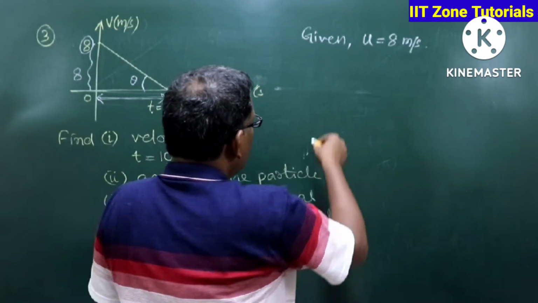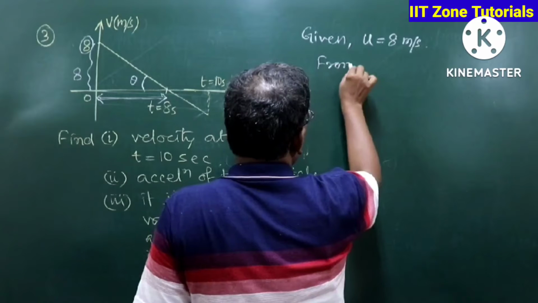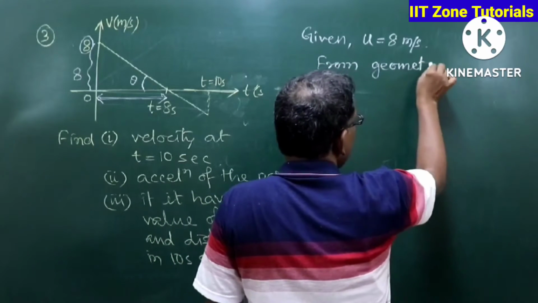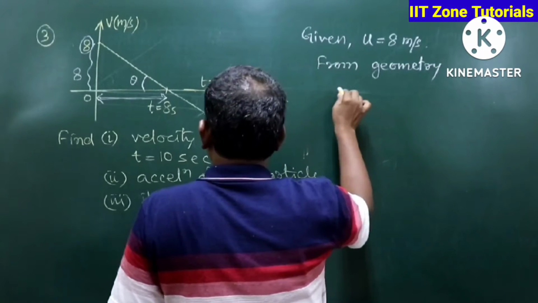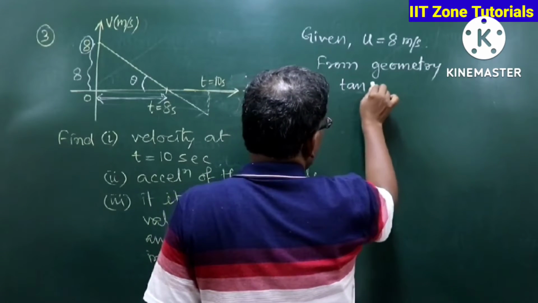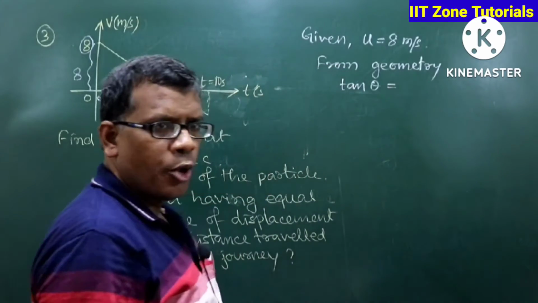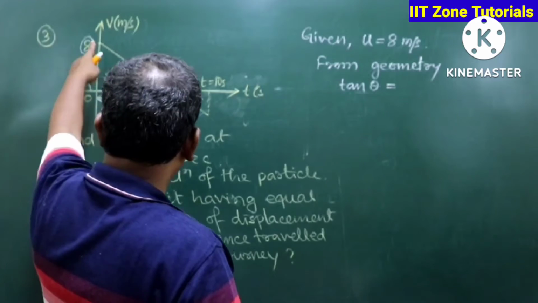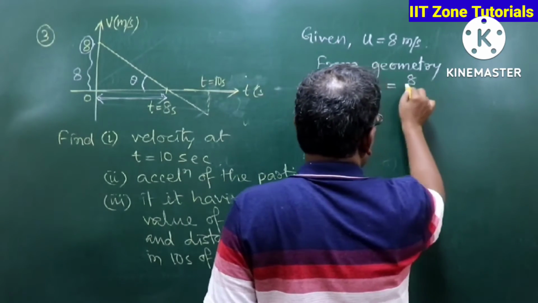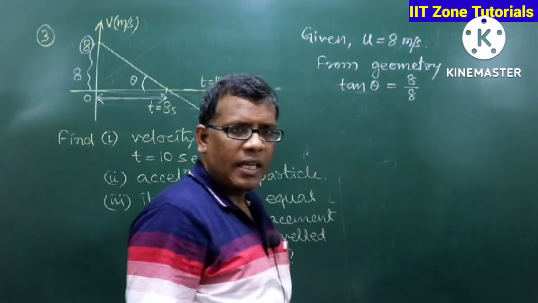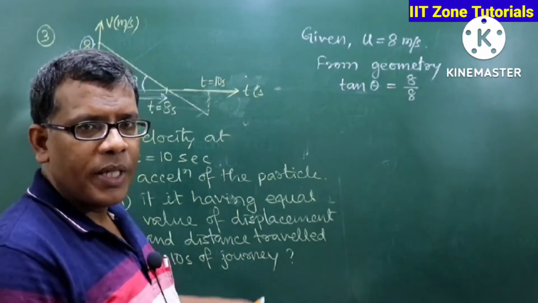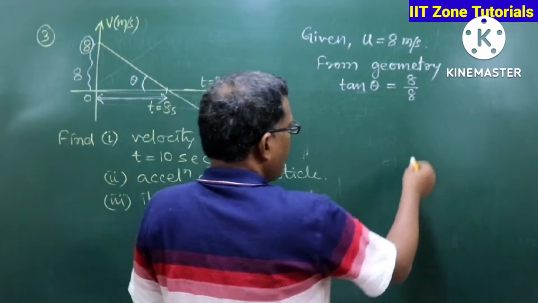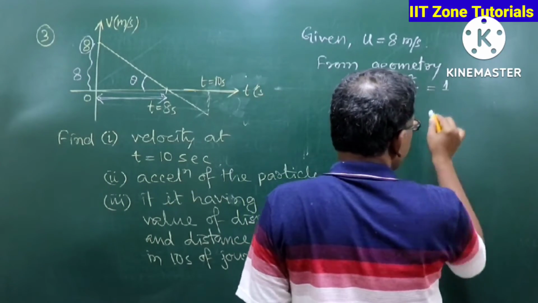So from geometry, can I write down the numerical value of tan theta that I have shown at the theta position? According to this theta, tan theta will be 8 by 8, right? So 8 by 8 means it is 1.